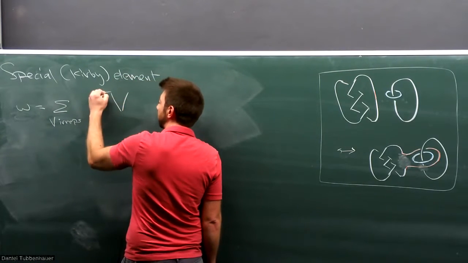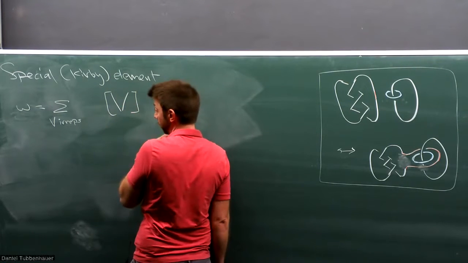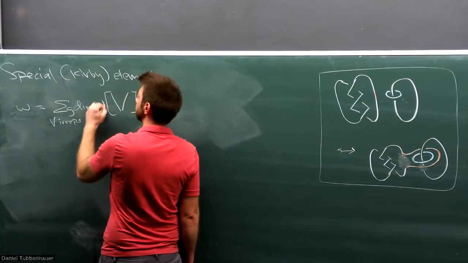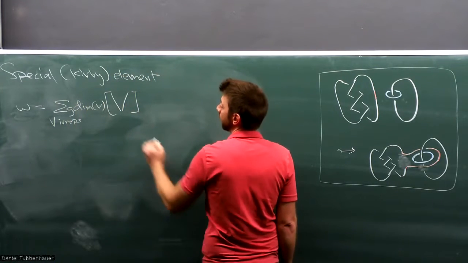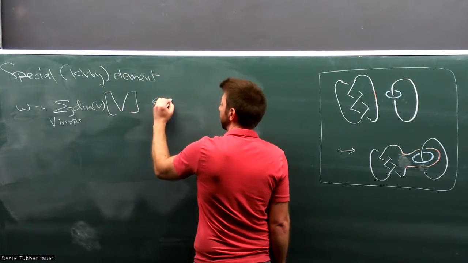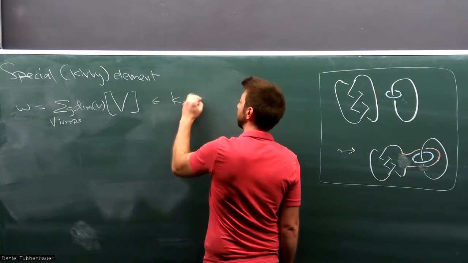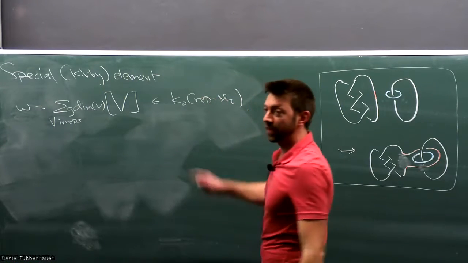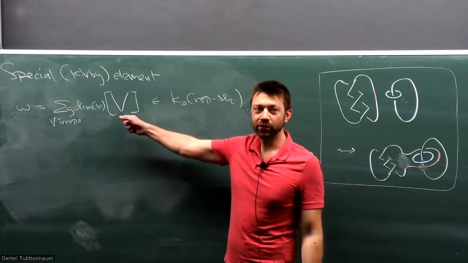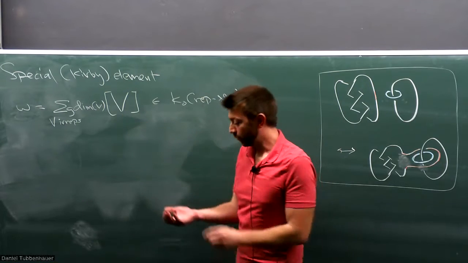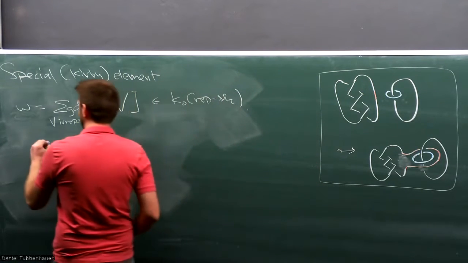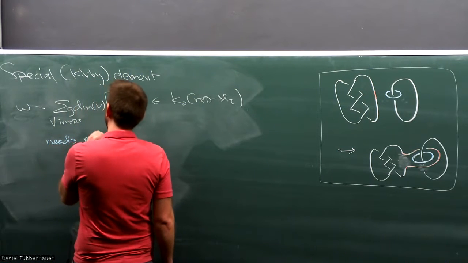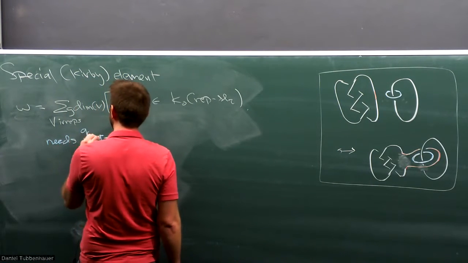You take the class of that representation in your representation ring, weighted by its dimension, or rather its quantum dimension. And that's an element of the representation ring, or the zeroth Hochschild homology. Okay, this is actually kind of a big lie, because this is an infinite sum and this is total nonsense. So in order to make it finite, you need roots of unity and semisimplification. So it needs q to be a root of unity.